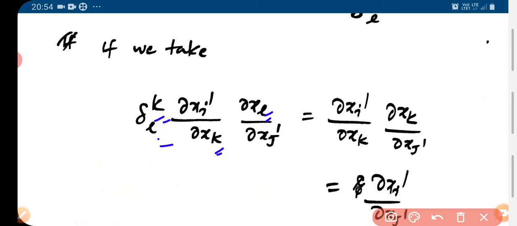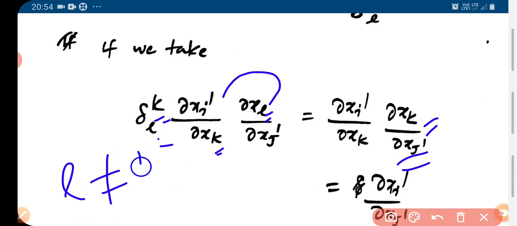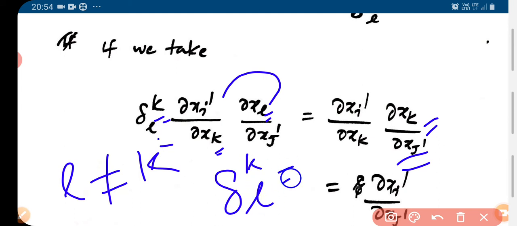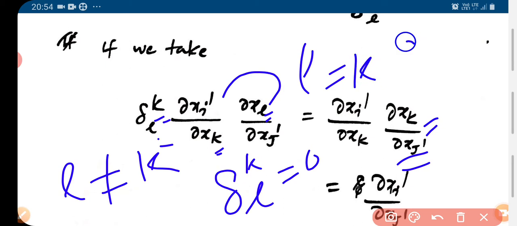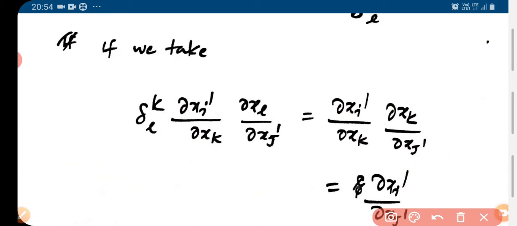As we sum over k and l, we will get ∂x_i'/∂x_k ∂x_k/∂x_j', because when l is not equal to k, δ^k_l equals 0, and when l equals k, δ^k_l equals 1. Only when l and k become equal will we have a value here.